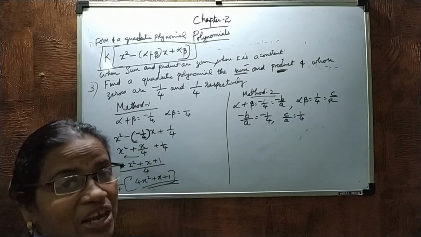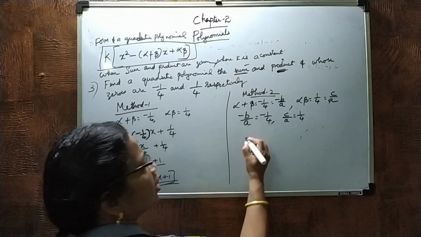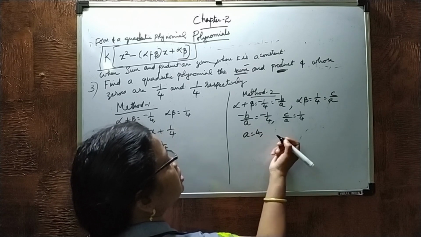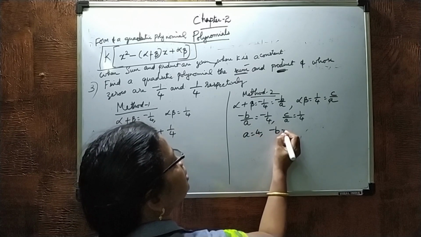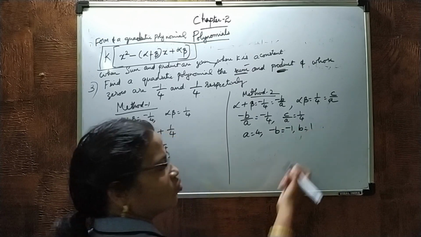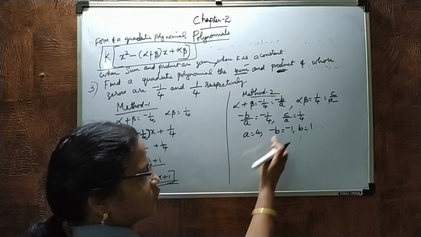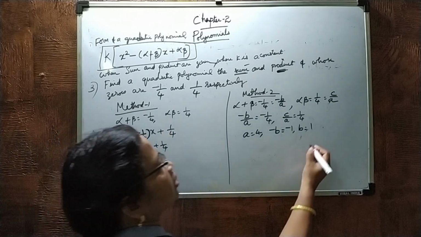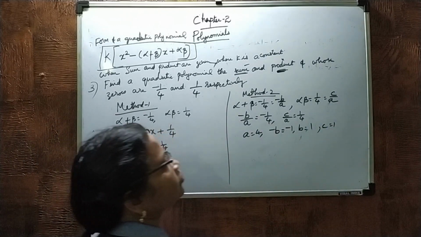That means a is the same for both of them, so no problem. I'll write a is equal to 4 itself. Now negative b is equal to negative 1, so b is equal to 1. Then c is equal to 1.